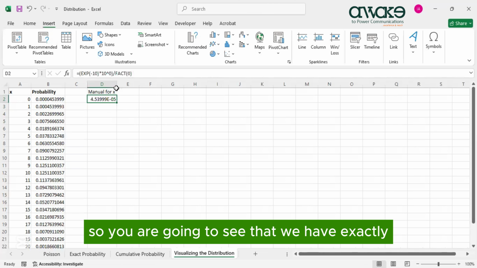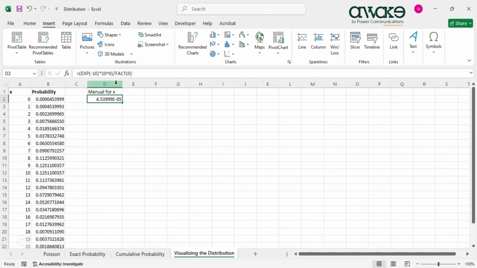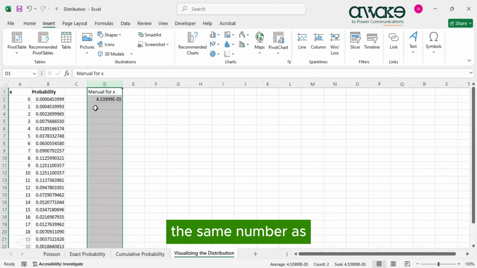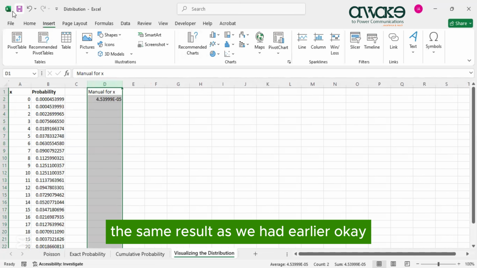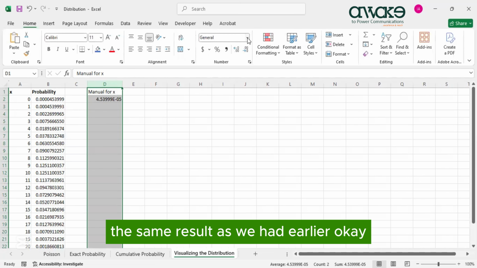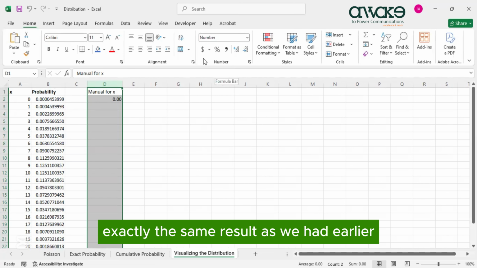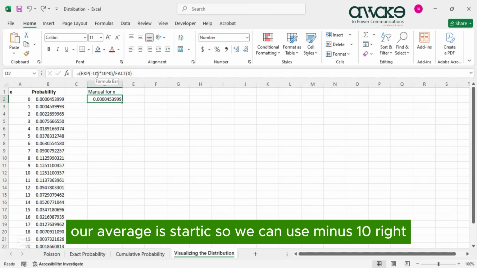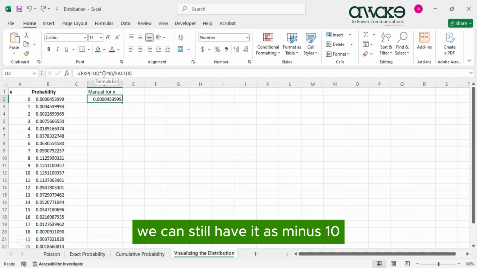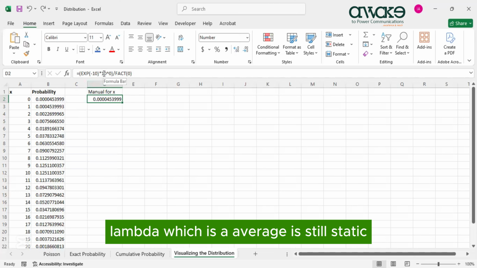You are going to see that we have exactly the same result as we had earlier. Our average is static, so we can still have it as minus 10. Then we want to multiply by lambda, which is our average and is still static.